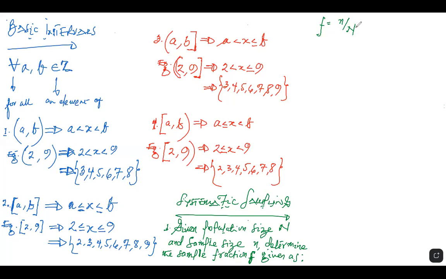It should stick for easy recall because big N is big. So it refers to the population size. It doesn't refer to the population, keep in mind. It refers to the size of the population. So big N is a number. And small n is also not referring to just a sample. It is referring to the sample size. So small n is also a number. Okay, so we simply find the proportion. We call this proportion the sample fraction, which is essentially the proportion of the population that the sample forms.